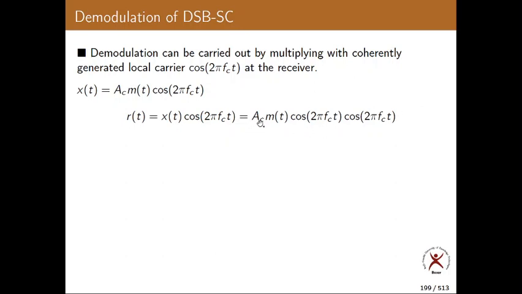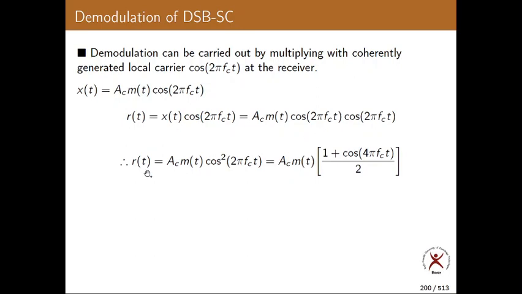What happens? Ac m(t) cos 2πfct is multiplied with cos 2πfct. I am not writing Ac again and again, it is not required. Because you have multiplied your modulated signal again with cos 2πfct, you get cos square 2πfct. Now I am simplifying this.